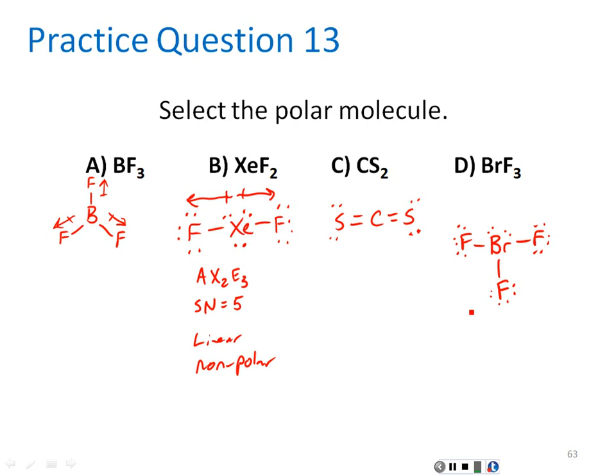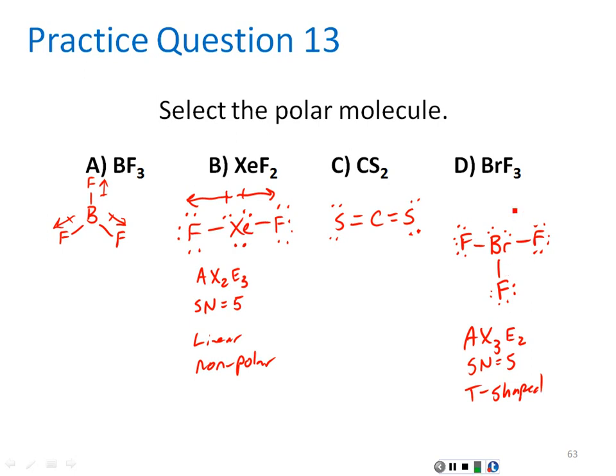Now what formula is this? It's AX3E2. Steric number is 5. When you have an AX3E2, that molecular geometry is what's known as T-shaped.